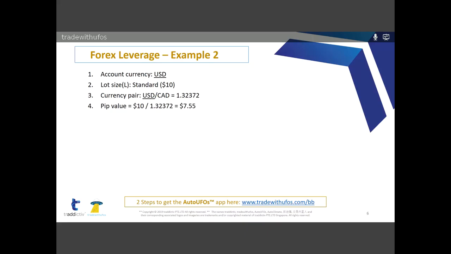So what is the value of the US dollar Canadian dollar pair? That just means we're going through what the currency exchange is. So let me bring up TradingView and we'll look at how much the US dollar Canadian dollar is trading for.